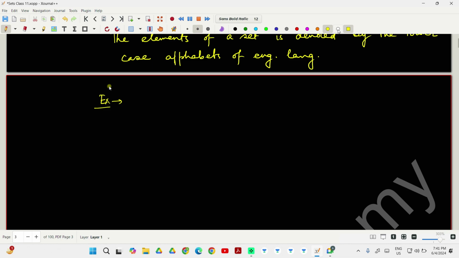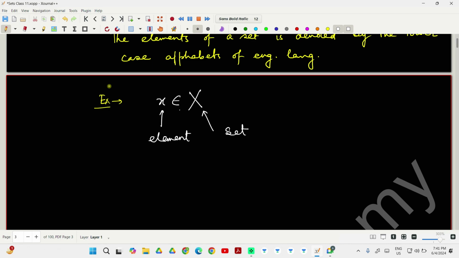For example, x is an element and it belongs to the set capital X. This is an element, and this is a set. What is this sign?